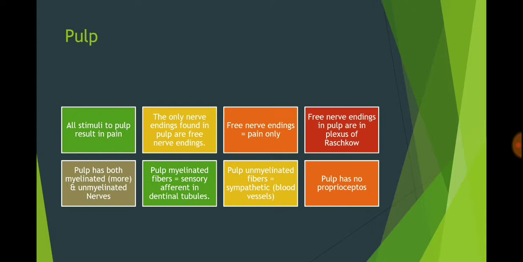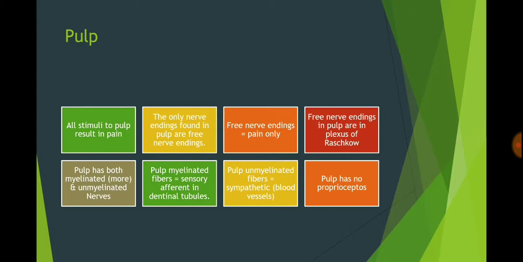That's because the only nerve endings found in the pulp are free nerve endings, and free nerve endings only produce pain. Free nerve endings in the pulp are found in the plexus of Raschkow.